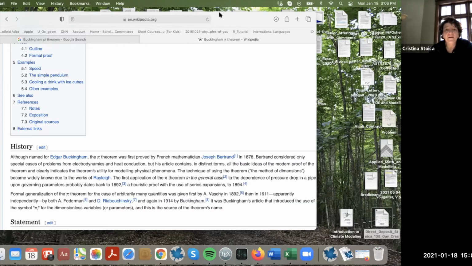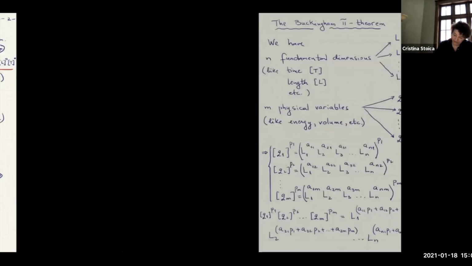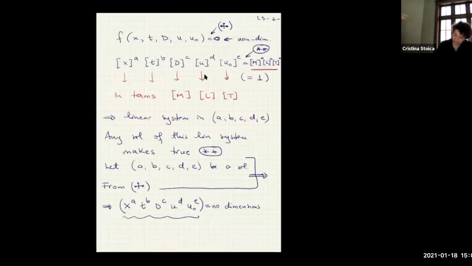Okay, I'm going to go back to the Buckingham pi theorem. You're going to ask why pi. It's because these dimensionless quantities that we're forming, these that have no dimensions, traditionally they're called pis. They're the pis, because you can have more than one.